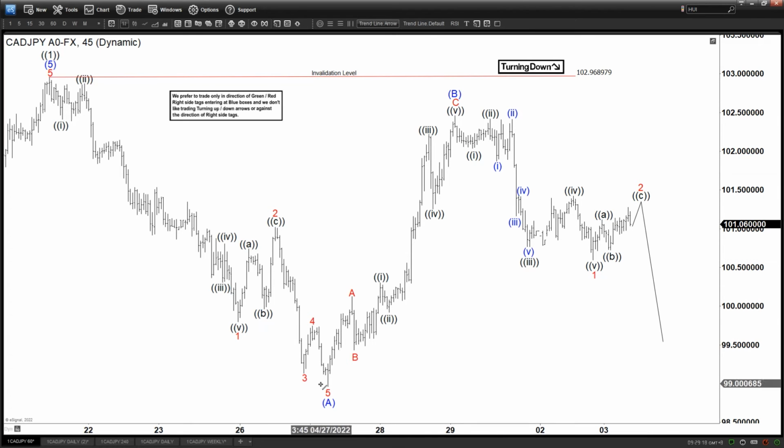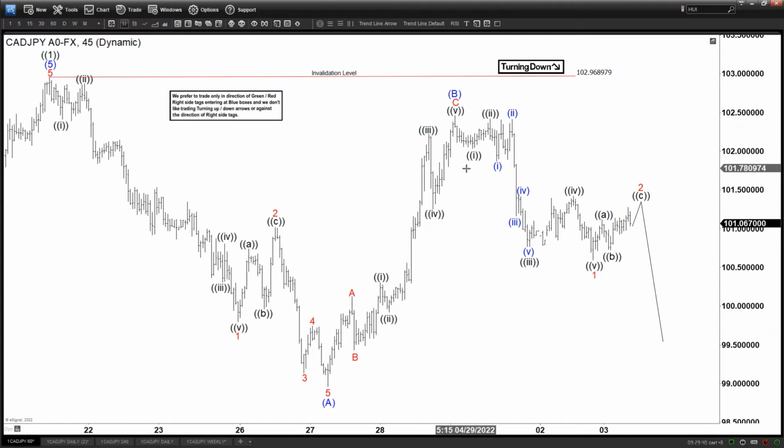We can see the A ended here as 5 waves, 1 2 3 4 5, ended with A in the intermediate degree, and then B ended here as a zigzag ABC. So now we are looking for the sell-off on the downside.